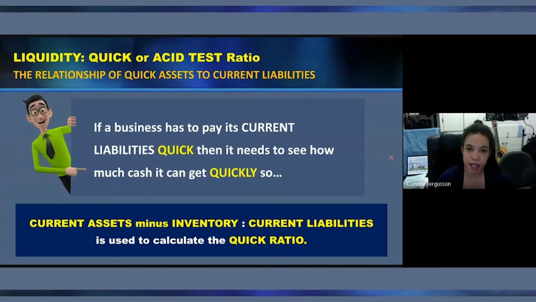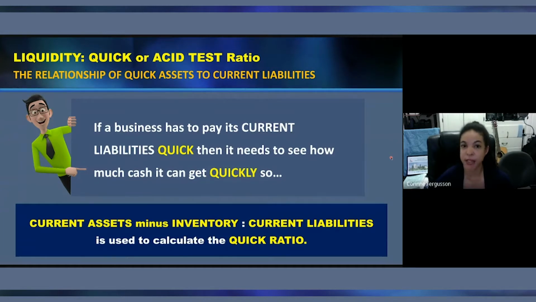This ratio takes away the least liquid of your current assets, the one that is the most difficult to turn into cash, which would be your inventory. If you have that inventory there, it is not as easy to convert it into cash as the others because you have not sold it as yet.